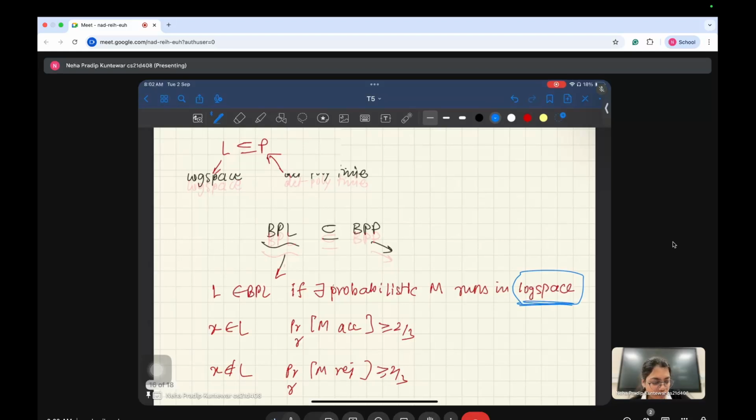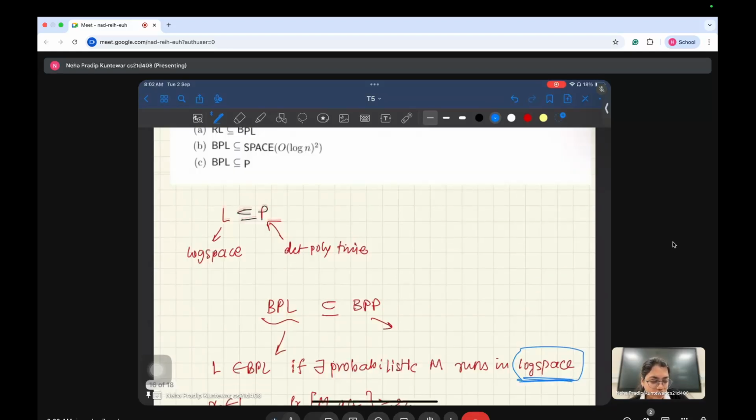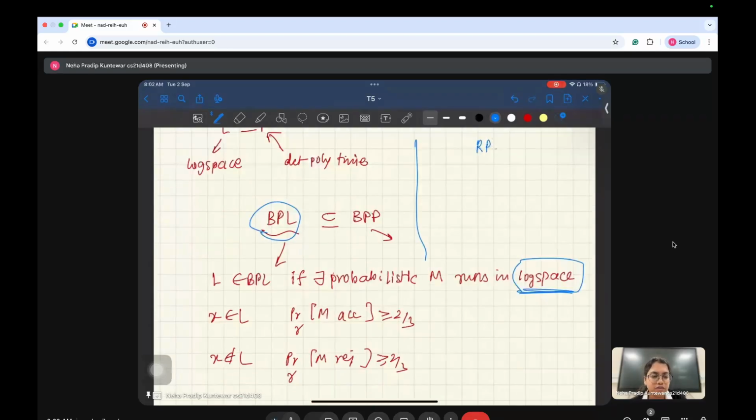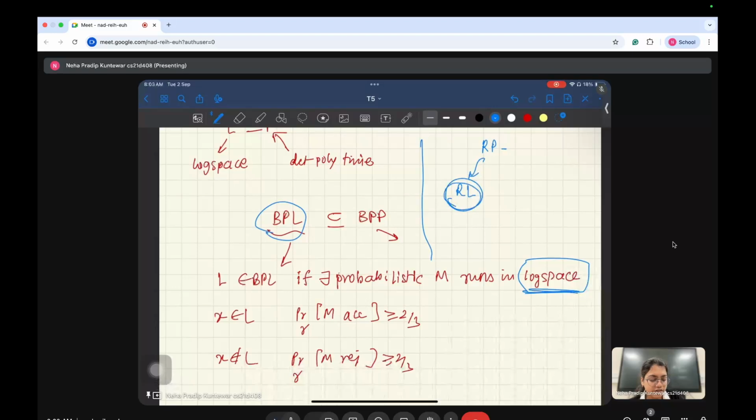Similarly, we saw an RP machine where we have some accept reject conditions. You can think of a log space analog of it, which I'm not going to define. It's very similar: just allow the machine to use log space instead of giving it polynomial time. So now you have this RL and BPL.